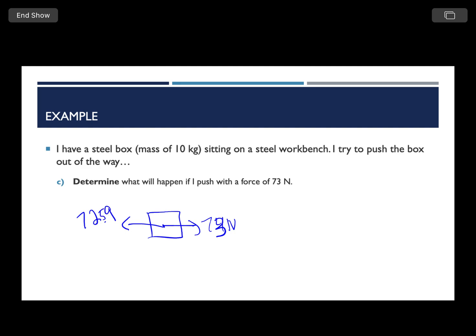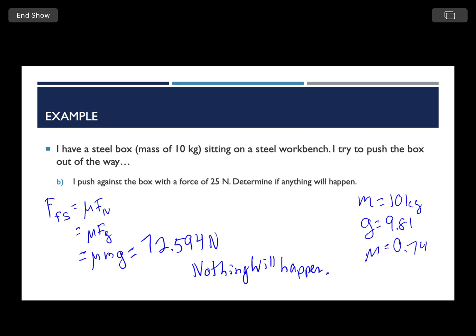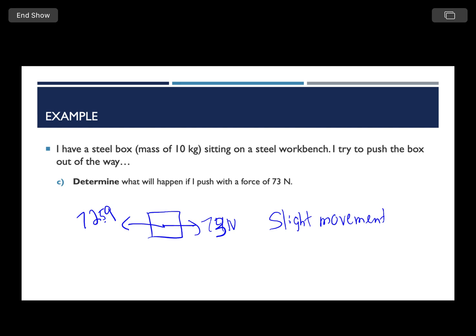So there will be a slight movement depending on how you've rounded. If I go back here, I could have actually argued that I should only have 2 digits and that this should have been equal to 73 newtons, in which case nothing would happen here. Okay, so this is why sometimes the decimals are very important.